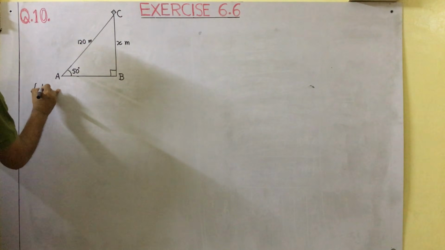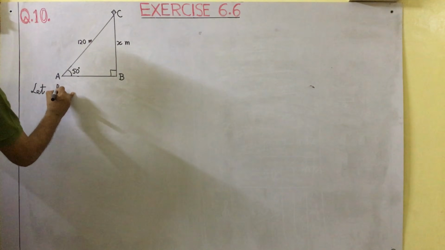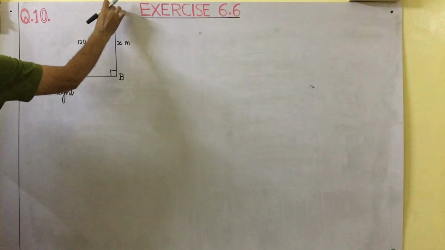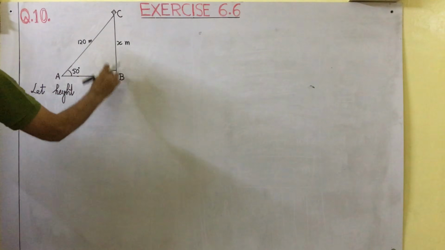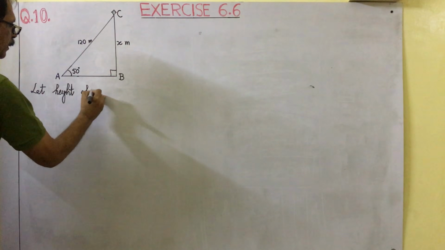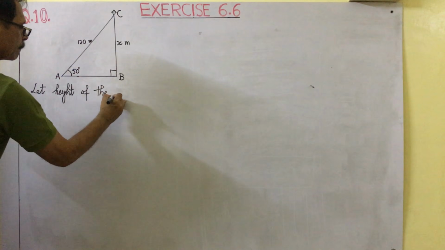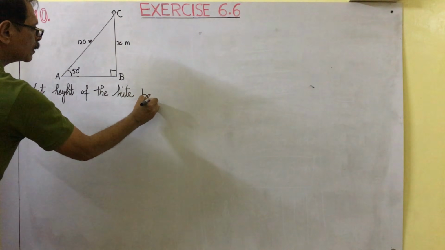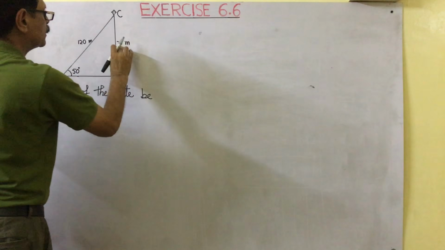Let the height of the kite, which is BC, be x meters, this height.